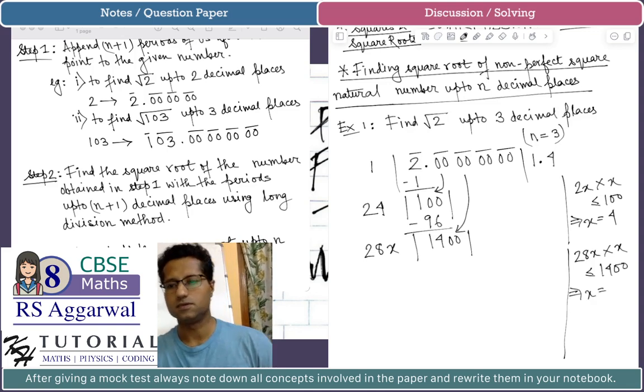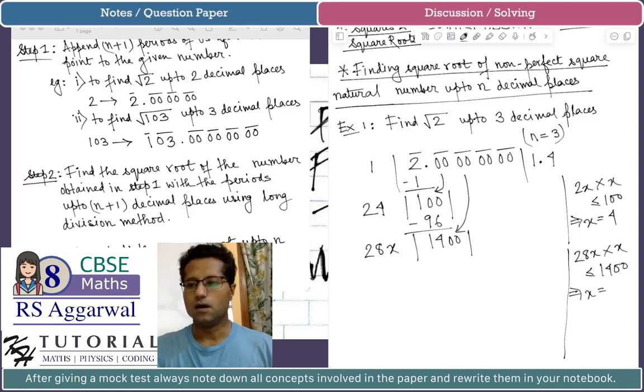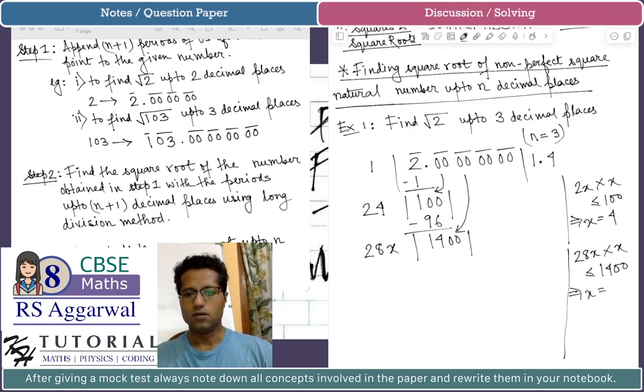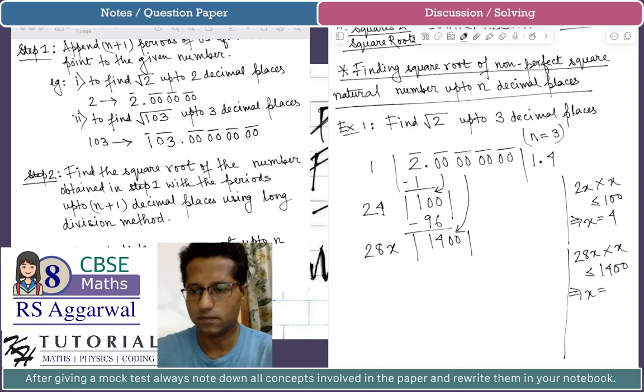Can x be 7? No. Can x be even 5? I think it will be 4. I could be wrong, I'm just trying it out.